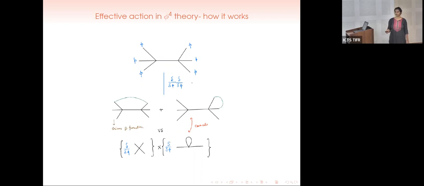These typically contribute like you are taking a contact diagram and del del phi of that, and a first order correction to the propagator and del del phi of that. So in the low energy momentum case, this thing and this thing cancel. What remains is these things, and this gives the beta function.